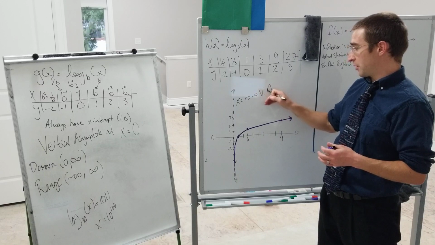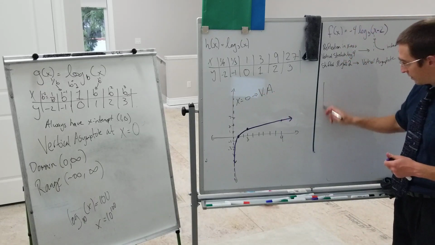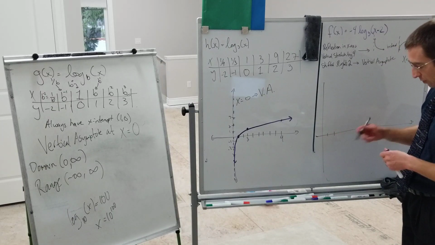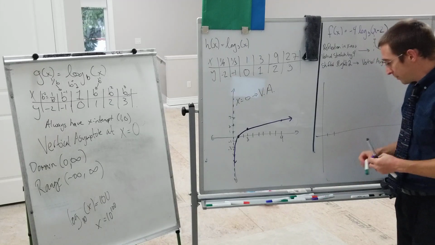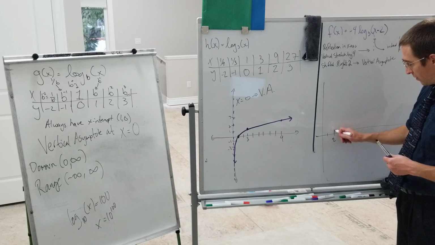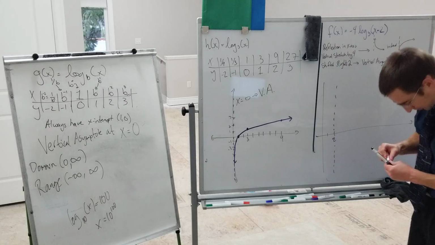That's our vertical asymptote. Now the vertical asymptote is at x equals 2. So if I want to sketch in this graph, I'm going to go 1, 2, and I'm going to immediately draw my asymptote. So asymptote here, let's do it in purple. So this is 2. And we always use a dashed line to represent an asymptote.